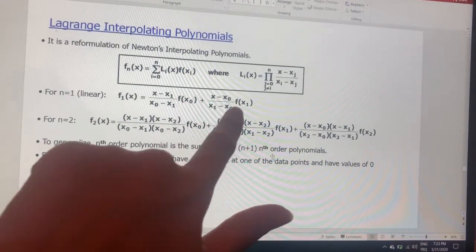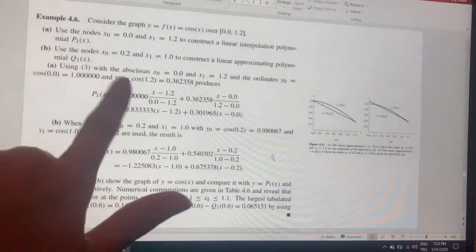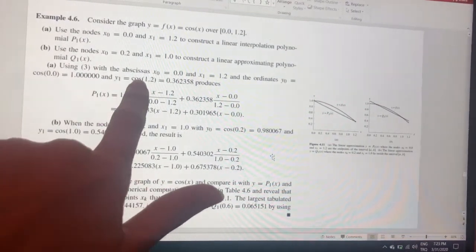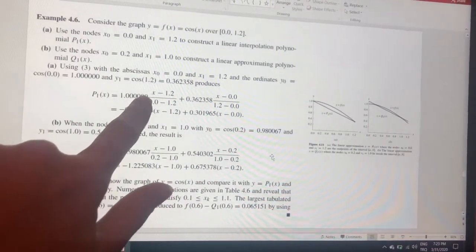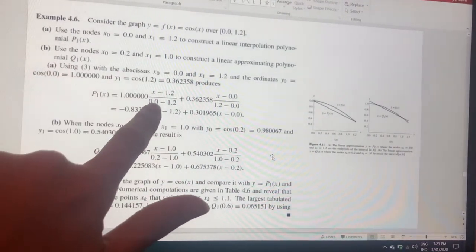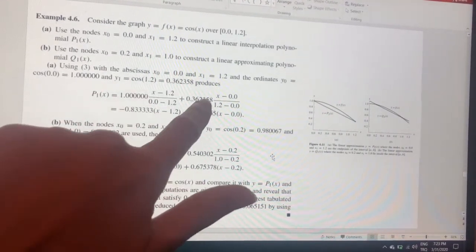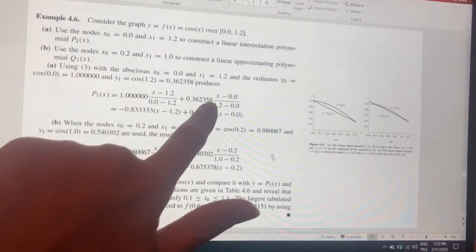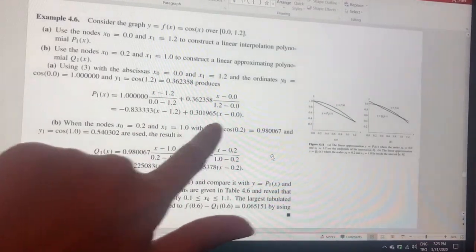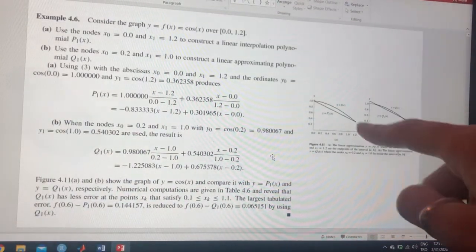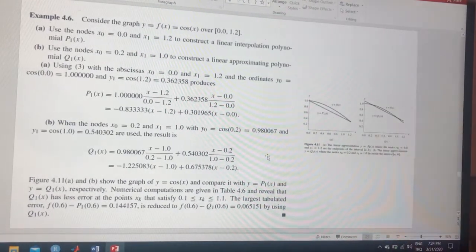That's why we need f of x0 and f of x1. x0 is 0, x1 is 1.2, and f of x0, cosine 0, is 1, cosine 1.2 is that value, and that's why 1 times (x minus x1) over (x0 minus x1) plus f of x1 here times (x minus x0) over (x1 minus x0). If you write this polynomial, here's the interpolation polynomial for you, and you can see that this is the Lagrangian interpolation for that.